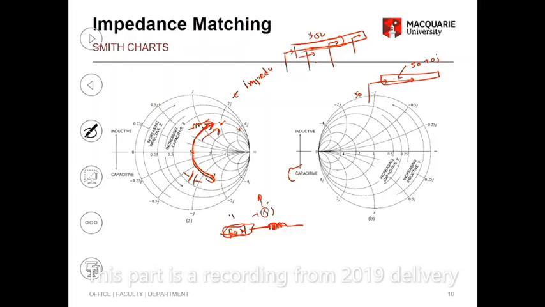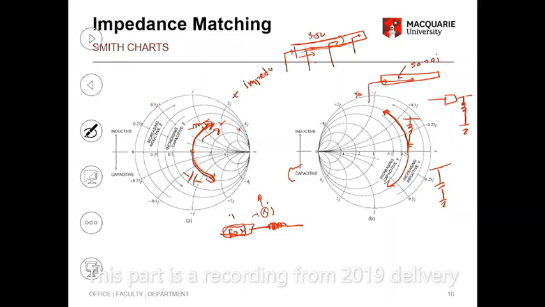Now if I go to the admittance Smith chart, if I travel this way, it means a shunt inductor, which means if you have a circuit, a 50 ohm line, you are having an inductor to the ground like that. That's a shunt inductor to the ground. If you travel this way, it's a shunt capacitor to the ground. Now, I strongly recommend you read the Steer's reference book for this, because it will be very useful.